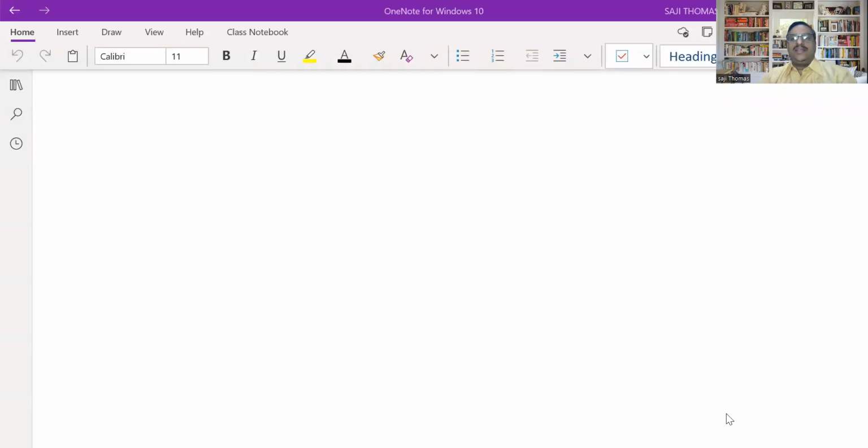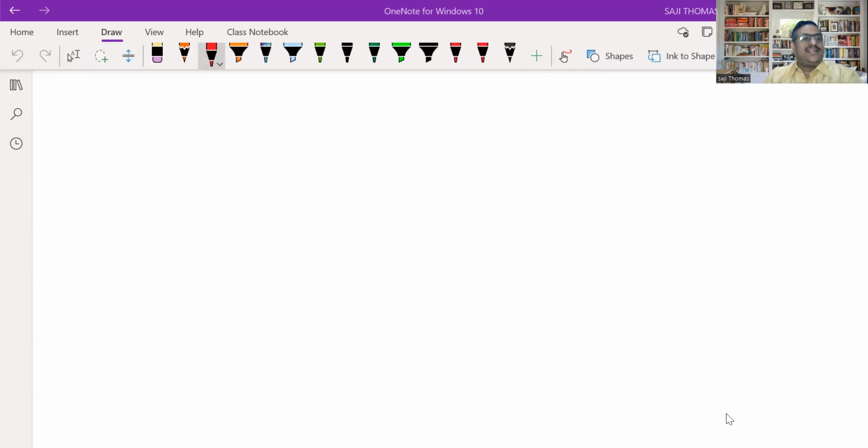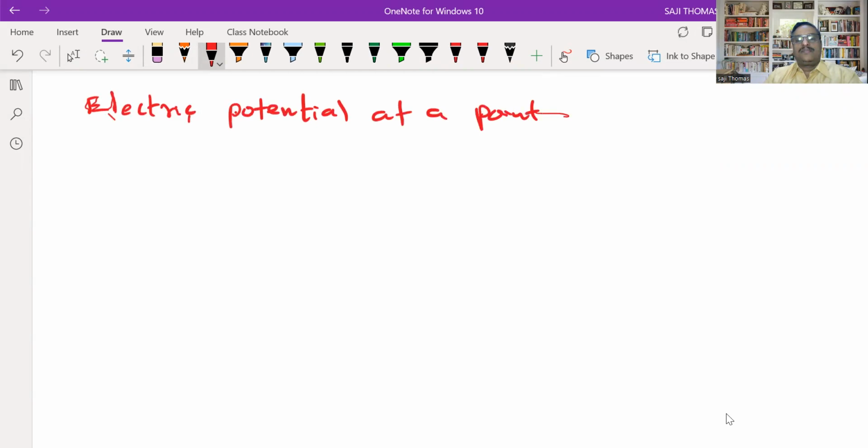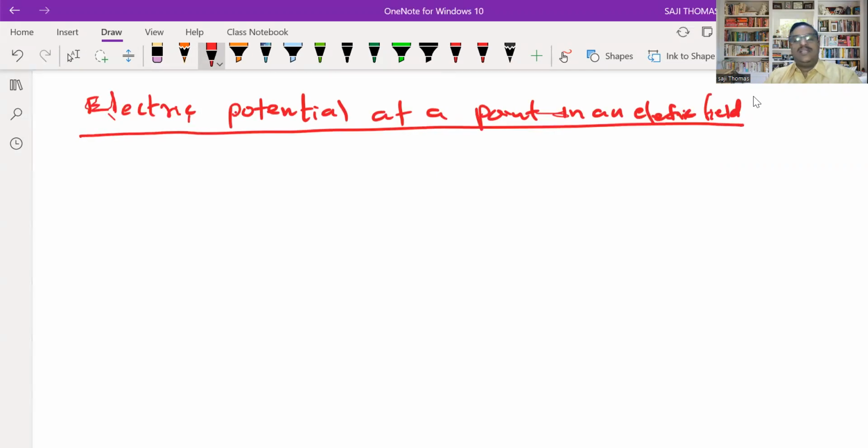Electric potential at a point in an electric field. So today we will discuss electric potential at a point.